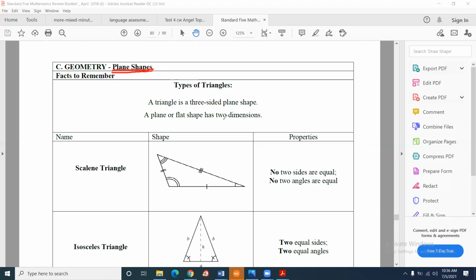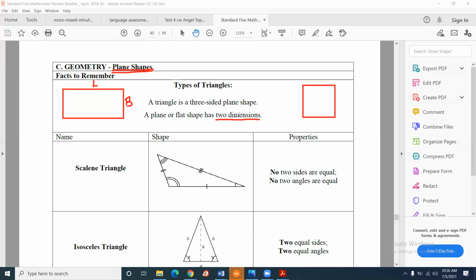Two dimensions meaning I could have equal dimensions, so a square just has sides. A rectangle can have long sides and short sides. The two dimensions of a rectangle, you should all be aware, is the length and the breadth.